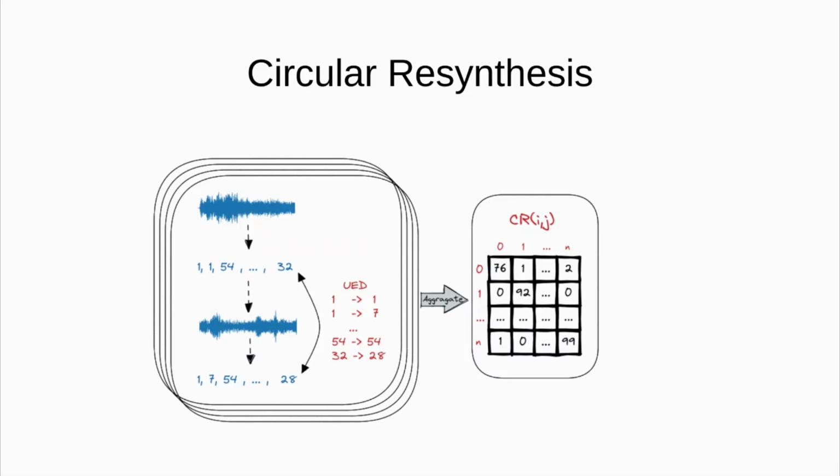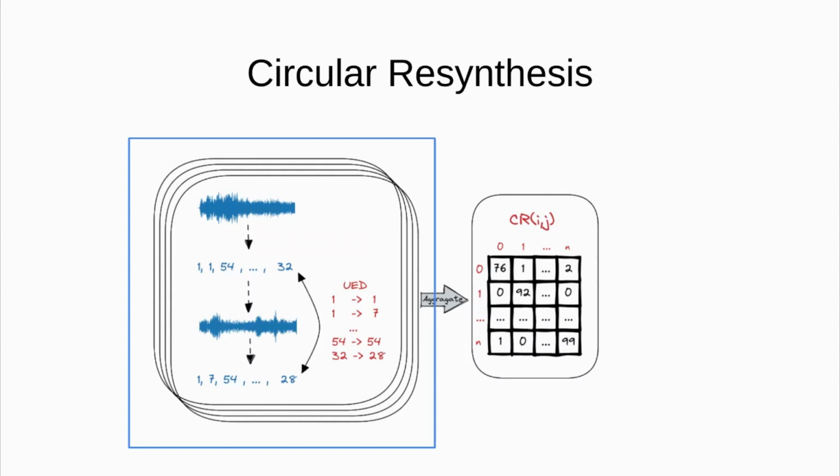In the analysis section, we found that units contain redundancies. For this purpose, we introduce the circular resynthesis method, CR, an unsupervised evaluation metric that measures discrete unit redundancies. How does this metric work? As you can see on the left, we first perform a complete resynthesis, that is, encoding and decoding the speech signal.